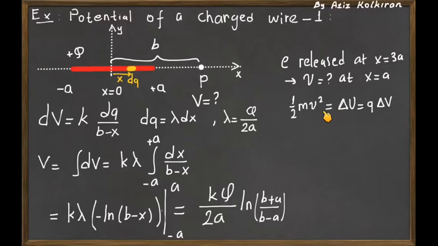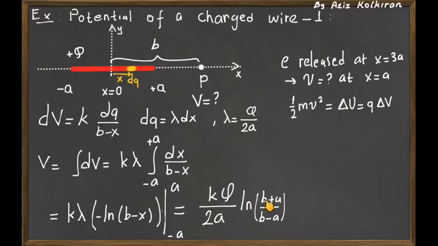So this is the energy equation. The conservation of energy requires the kinetic energy of the electron at x equal to a to be the potential energy difference between these 2 points, and the potential energy difference may be expressed in general by the charge of a point object times its change in electric potential. We already expressed the potential at any point on the x-axis, so we will utilize this expression for the points x equal to 3a and x equal to a.